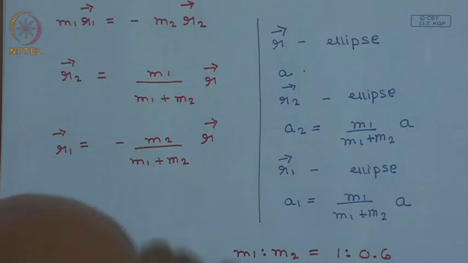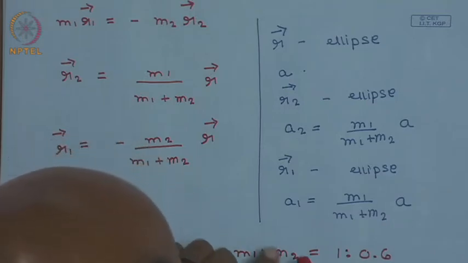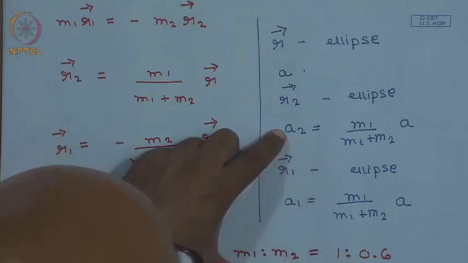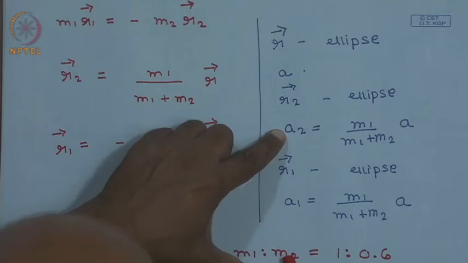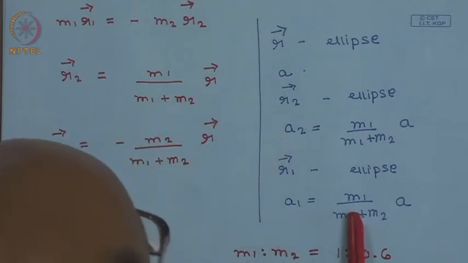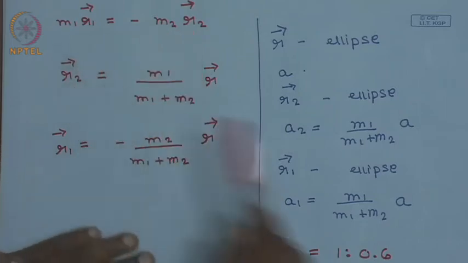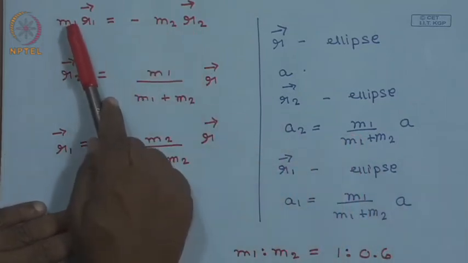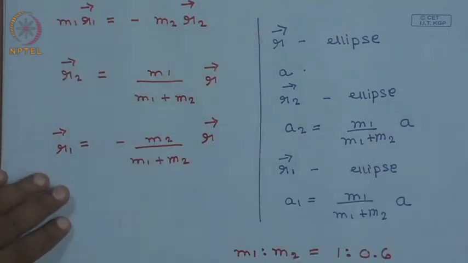So, you would expect the semi major axis of the less massive particle to be larger, and the semi major axis of the more massive particle to be smaller. So, the more massive particle is going to have a smaller orbit, the less massive object is going to have a larger orbit, such that the center of mass remains fixed.